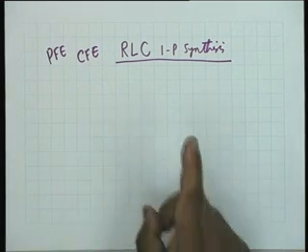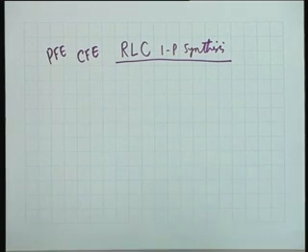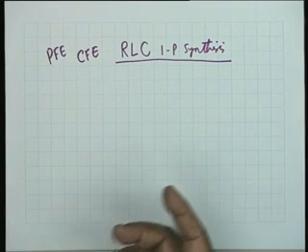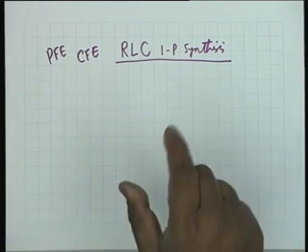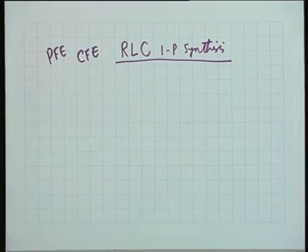In RLC one port synthesis, in general, partial fractions and continued fractions, or any combination of them may or may not work. And therefore, this remained a problem. This remained a problem for a very long time.